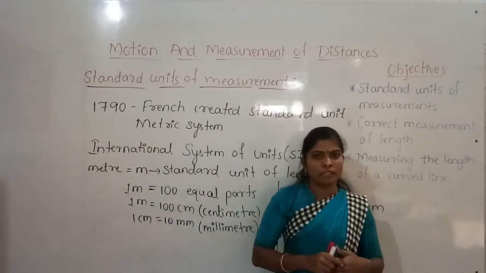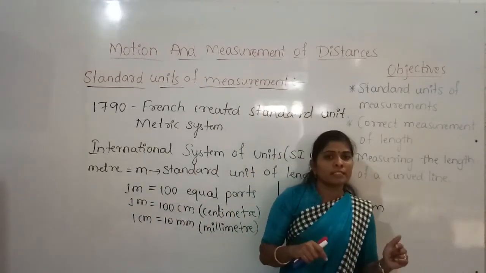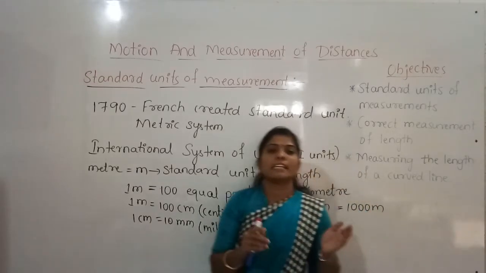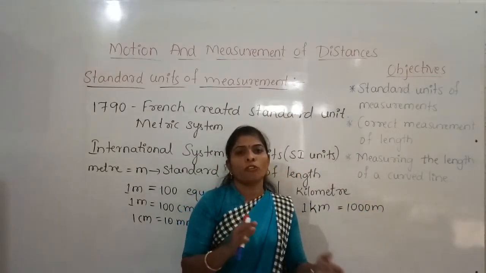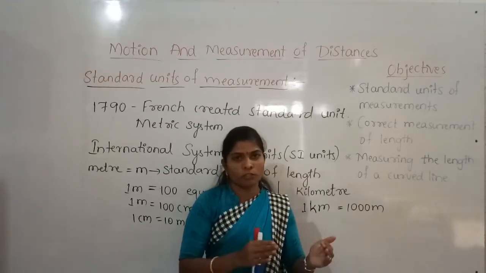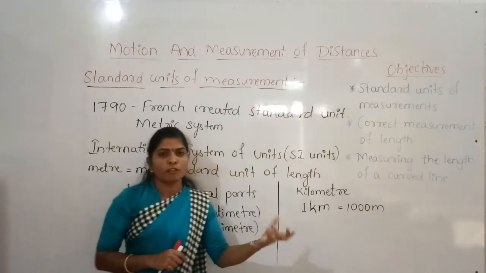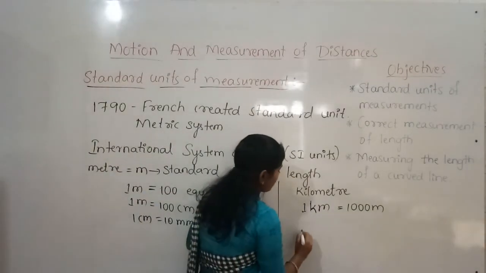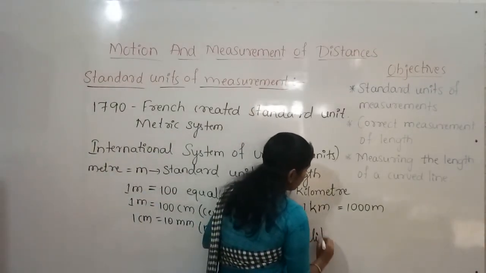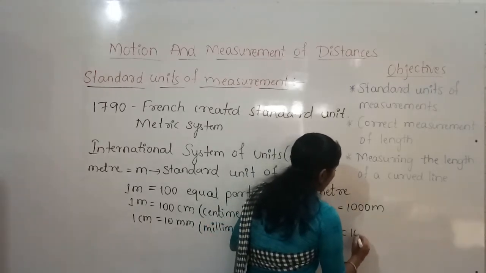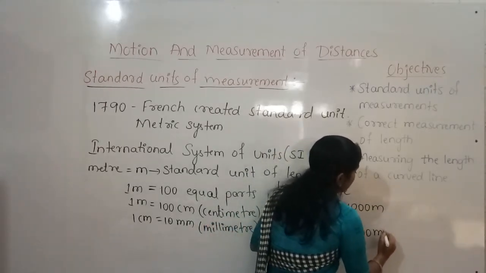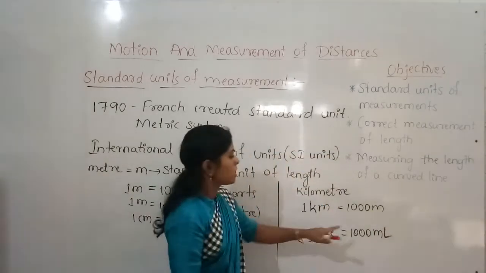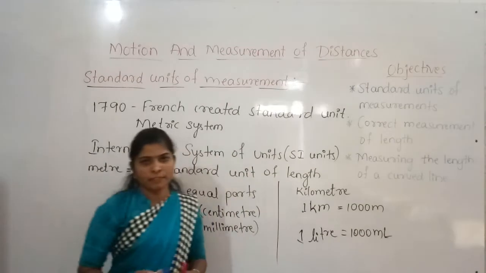Such liquids we measure in liters, and liter is the unit of liquid measurement. For example, 1 liter is equal to 1000 milliliter, ml we can use. So 1 liter is equal to 1000 milliliter.